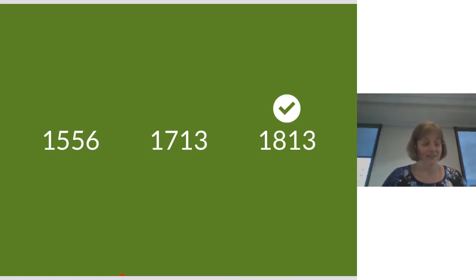So 1556, just to briefly give you the answers for those numbers, is that there was just an isolated attestation of the term being used in Italian. And 1713 did actually come really, really close. So it was a very close second, because that seems to have been the first mention in English for portfolio.